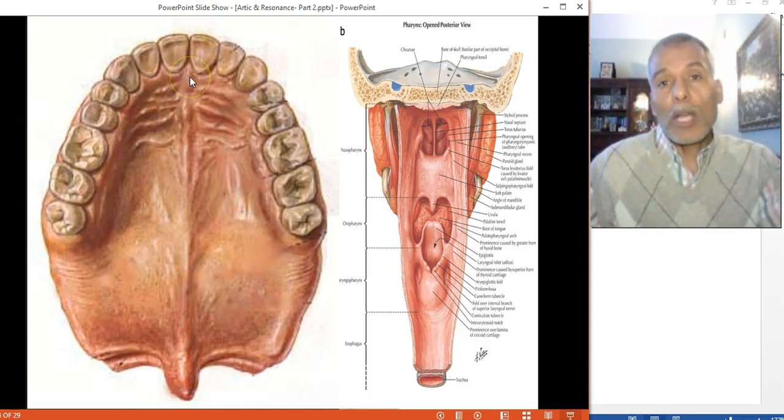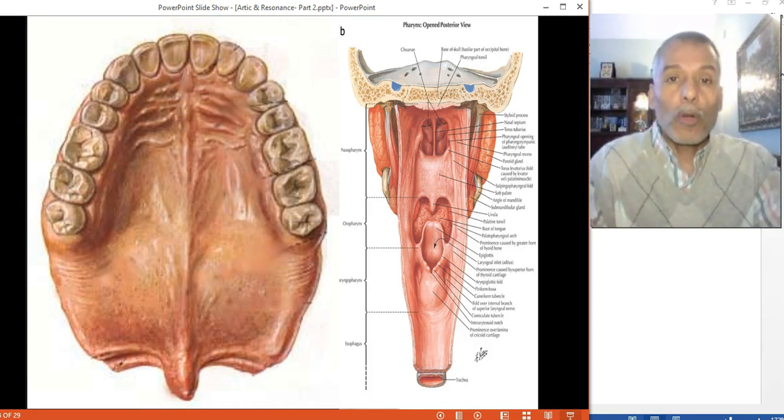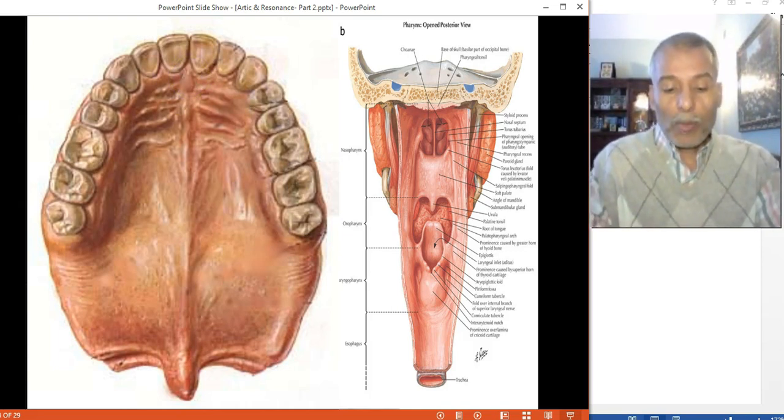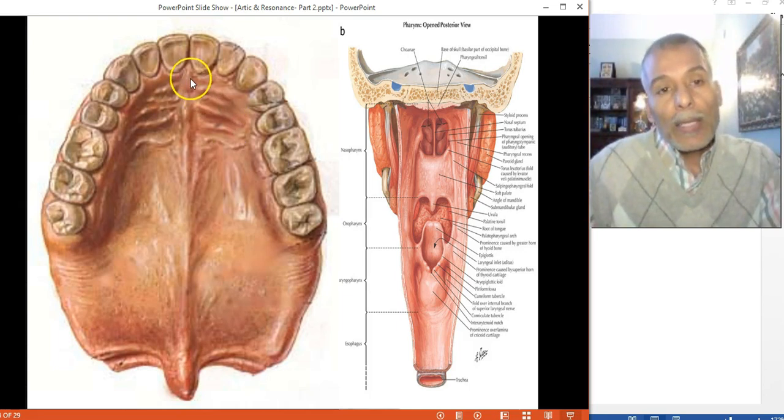Part of the alveolar process that is particularly important for us as speech-language pathologists is the alveolar ridge, which is behind, or posterior to, the two central maxillary incisors.